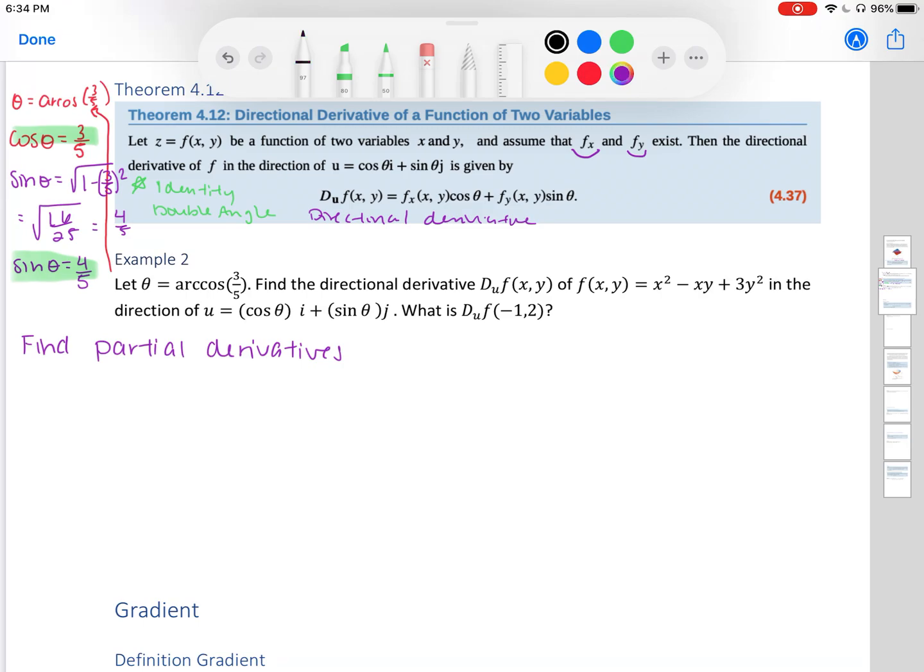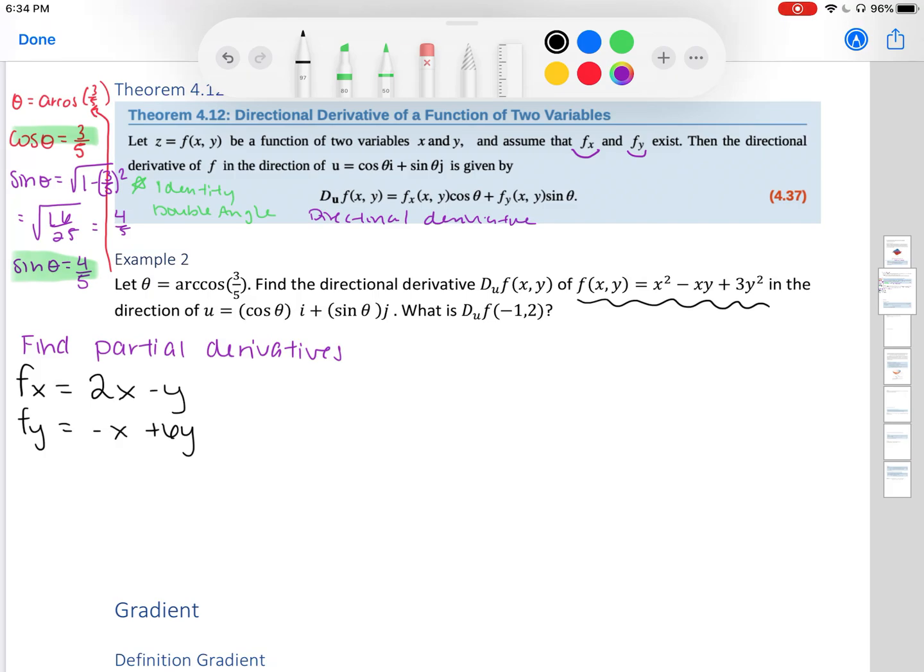Okay, so I have my function. Let's go ahead and take those partial derivatives. So the partial derivative in terms of x is 2x minus y, and the partial derivative in terms of y is negative x plus 6y.